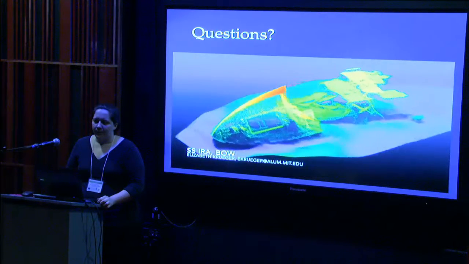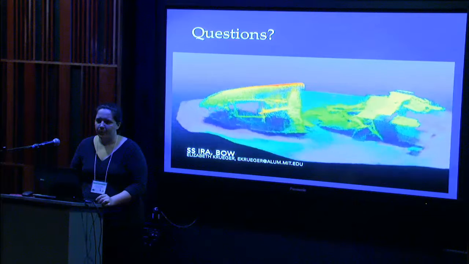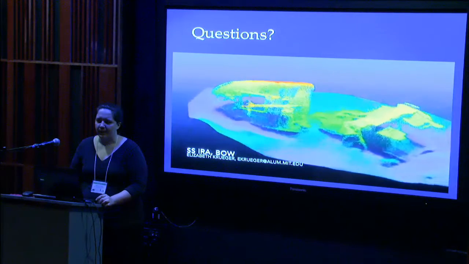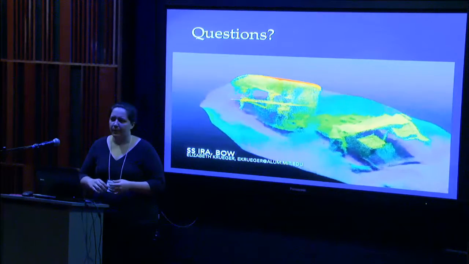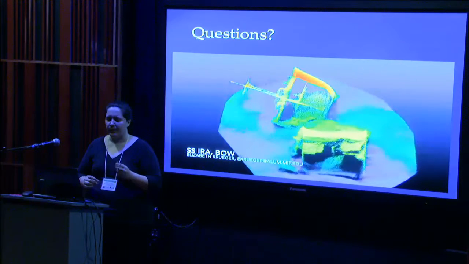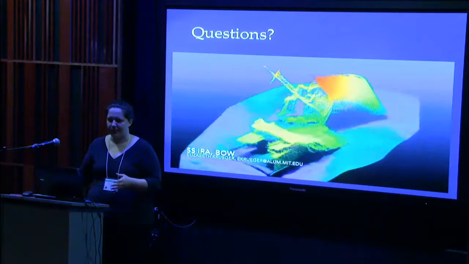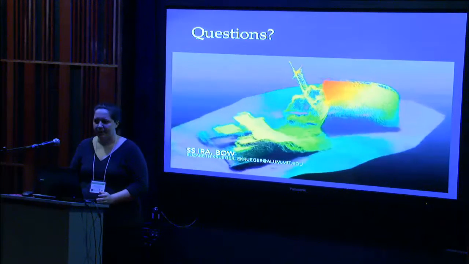I haven't thought about doing things at a more significant depth, and I think that most swath bathymetry data sets tend to be in that range of depths. I think that there is technology that lets you get bathymetry readings of lower depths, but I haven't looked into it much.